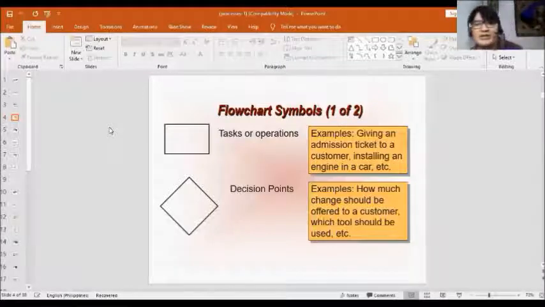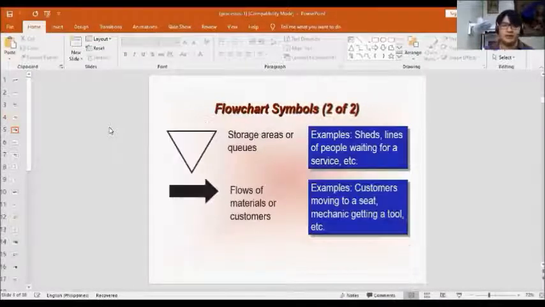Another symbol used in a flow chart is the decision point, represented by a diamond shape. Examples are how much change should be offered to a customer, or which tool should be used.